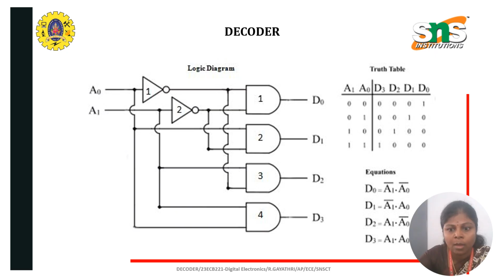For D1, A1 bar and A0: A1 is passed through a NOT gate, A0 is simply taken from the input side, followed by an AND gate. For D2 and D3, the same NOT gates are used, followed by AND gates. From this logic diagram we can see there are only 2 inputs and 4 outputs.